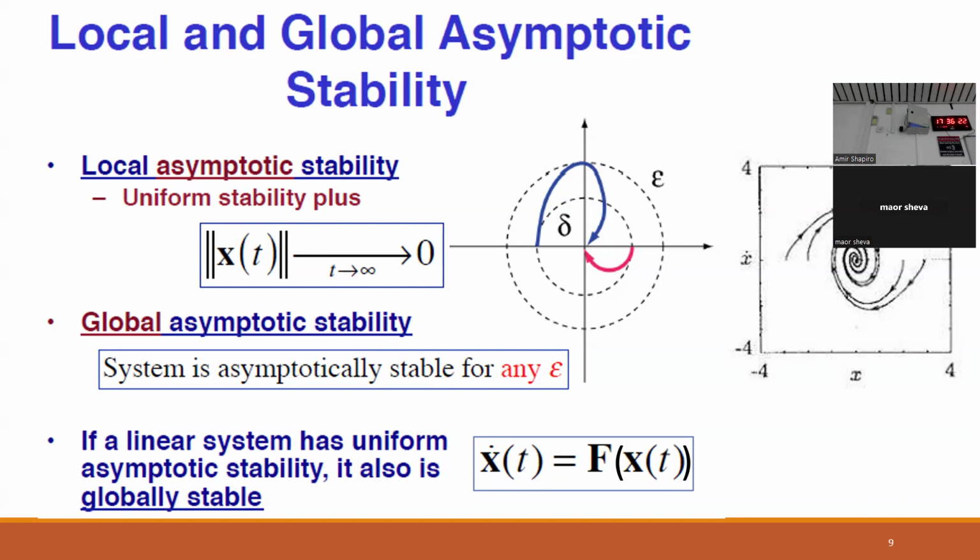But if the system is linear, and instead of f we have x dot equals Ax, then the system is either unstable, or globally stable, or globally asymptotically stable. As you recall from control theory, it depends on the eigenvalues of A, whether they are in the open left half plane or not.